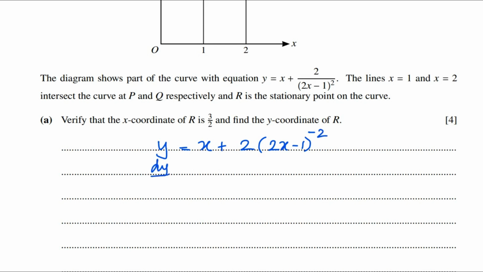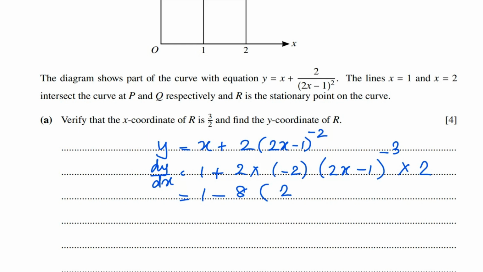We get dy by dx is 1 plus 2 times negative 2 multiplied by 2x minus 1 the whole power negative 3 multiplied by the coefficient of x, which is 2. So 1 plus 2 times negative 2 times 2 will be negative 8 multiplied by 2x minus 1 the whole power negative 3.